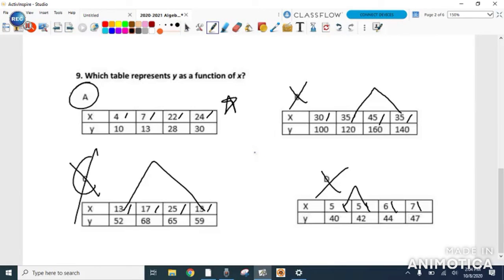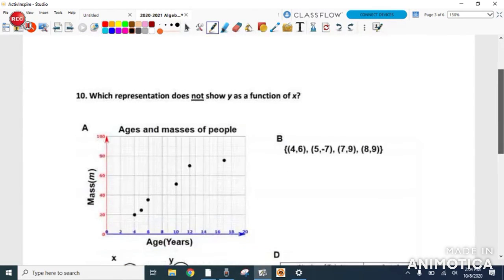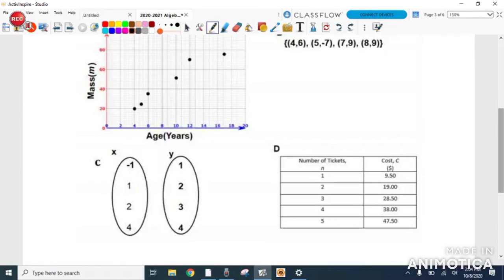Same thing. Which one does not represent a function? The only difference right here is going to be graphs. If I have a graph, hold on one second. These are supposed to have arrows on them. Let me make sure I put the right arrows in the right spot.